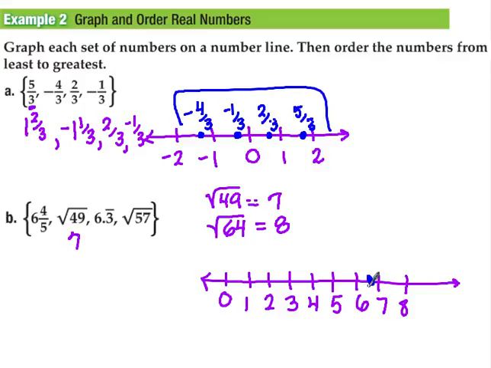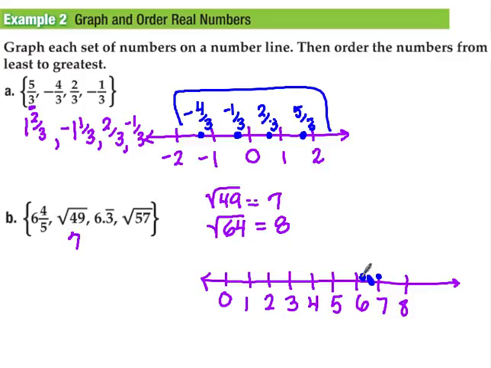Next, somebody needs to plot where the 7 is. Okay. 6.3 repeating. Squeeze it in the best you can. 6.3. There you go.